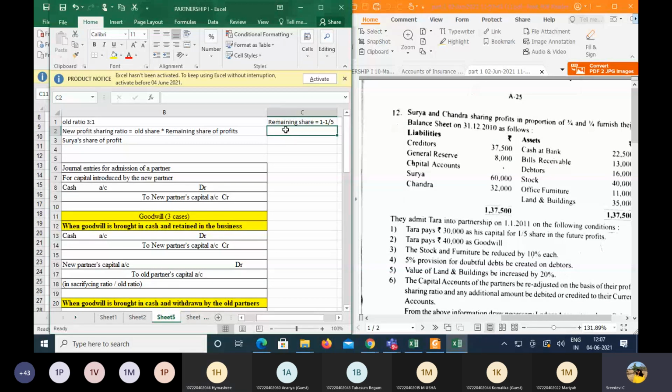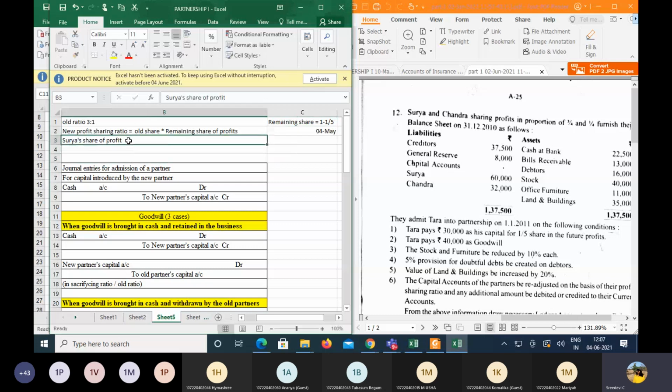So please keep in mind that whenever you look at the fraction of the new partner's share in the profits, whatever is in the denominator, that many shares the profit is going to be divided into. Therefore, the remaining share here is going to be 4 by 5.